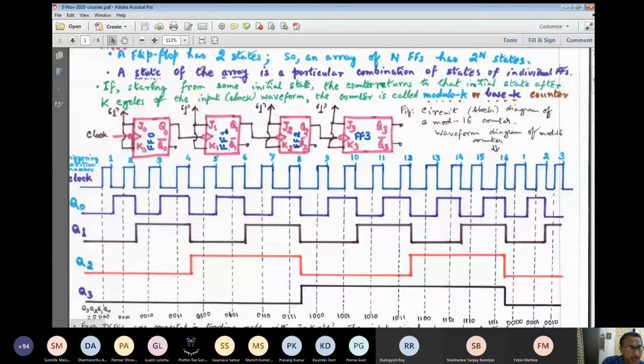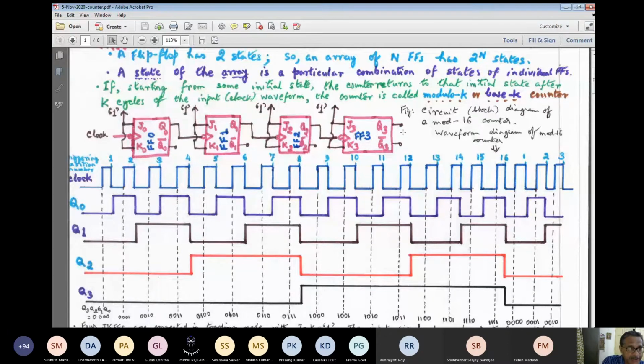Always when you are drawing the configuration of a counter, remember that the frequency of the waveform produced at the output of the leftmost flip-flop would be the highest of all the flip-flops, and that available at the normal output of the rightmost flip-flop will be a periodic waveform of the lowest frequency.